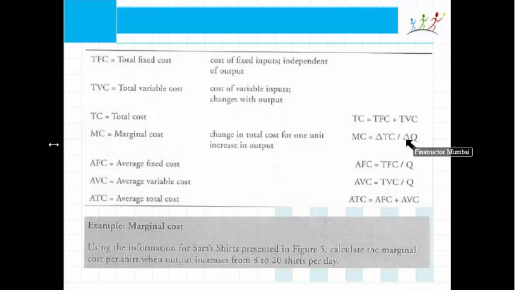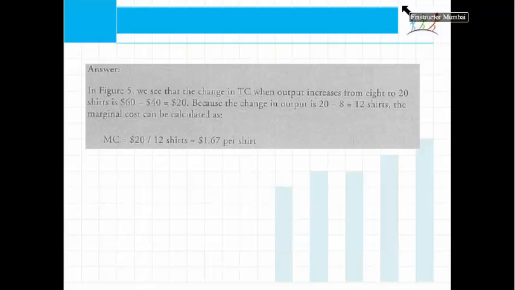So these are the relationships that we've just discussed. Let's see how the curves will be represented graphically: the marginal cost, the average variable cost, and the average fixed cost.